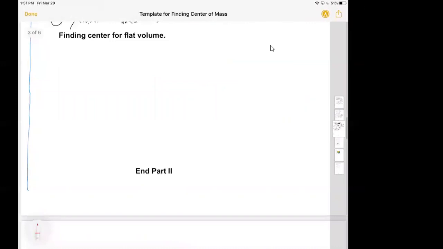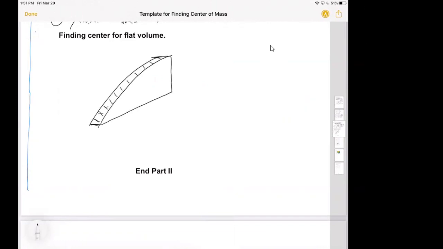Now, the last thing I want to discuss right here is what if instead of having a flat area, I actually had an object that looked sort of like the area we just dealt with. I'm going to try to draw it three-dimensionally so it would look like it bowed something like that, but it would have a thickness to it. So kind of like a doorstop with a curve to it.